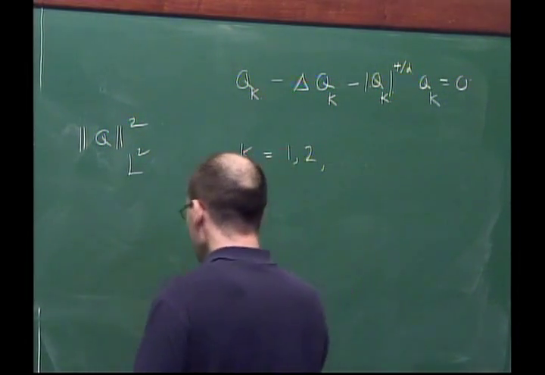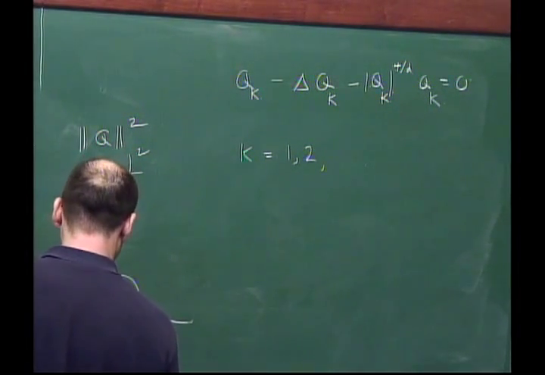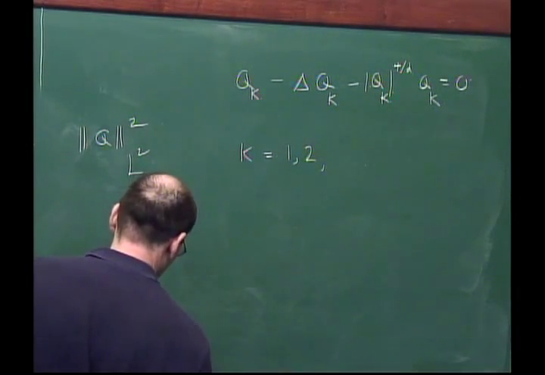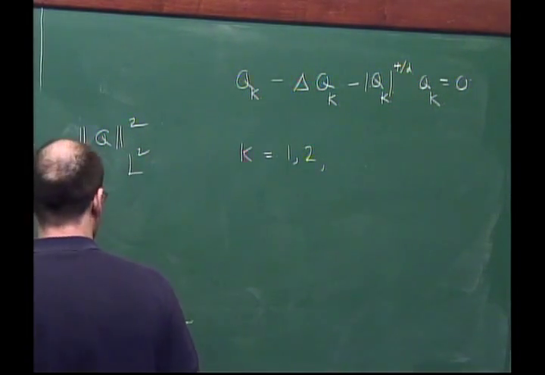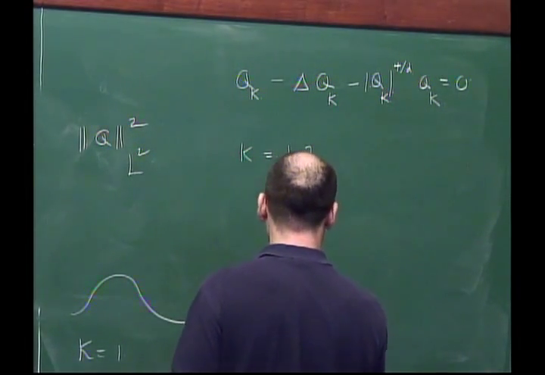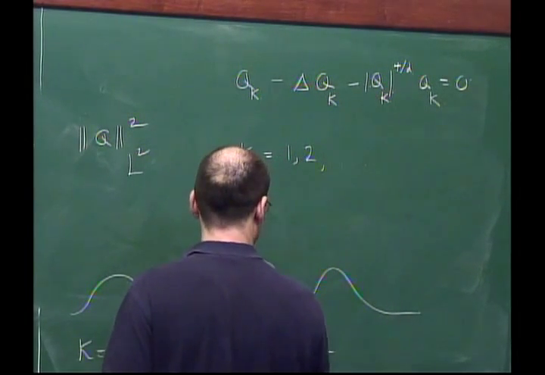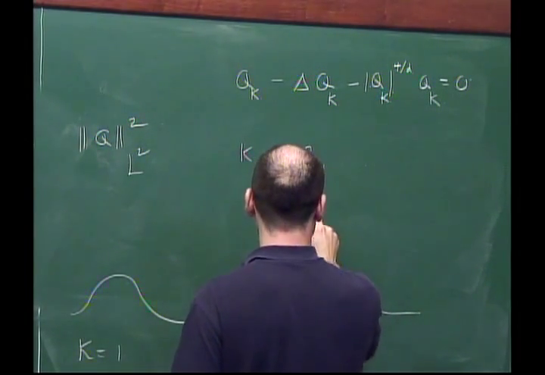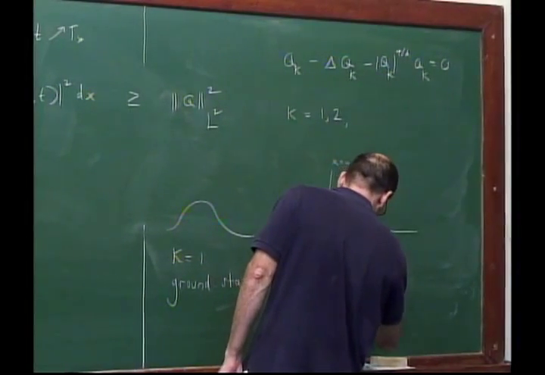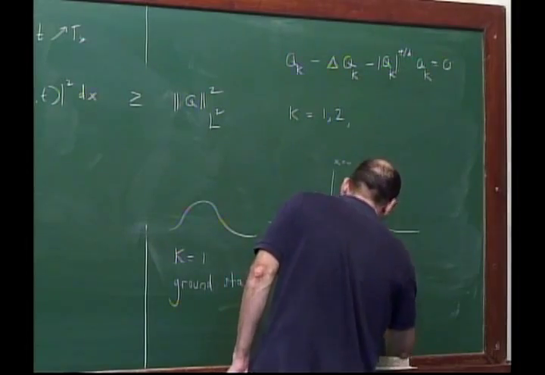So you have Q, k equals 1 is the ground state. But then k equals 2 is the first excited state. This is x equals 0. It's the first excited state. And so forth.